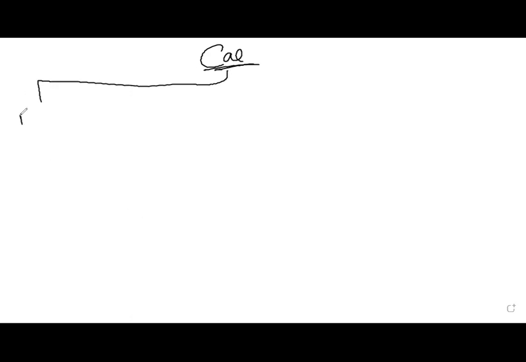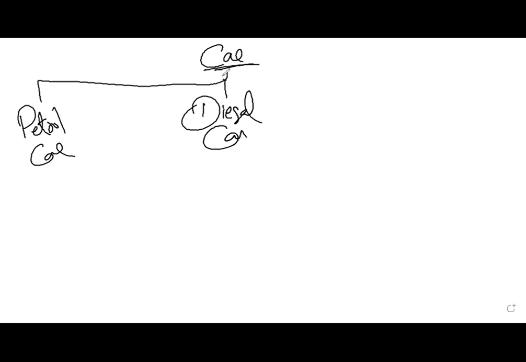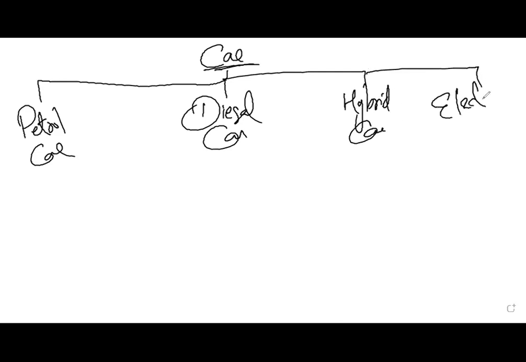So we have types of cars. Number 1 is the petrol-powered car. Then we have diesel cars. We have hybrid cars, and we have electric cars.